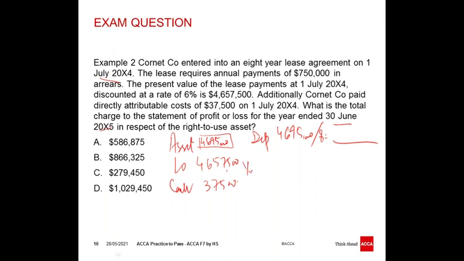And for the lease obligation, we need to make a table. Obligation at start will be 4,657,500. And the company is paying in arrears installments. First, you need to charge the interest at 6%.